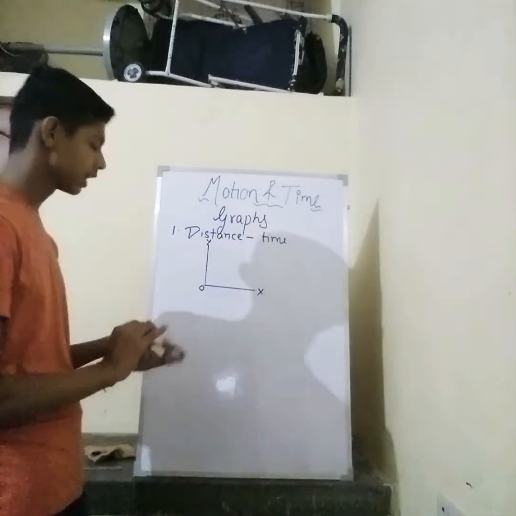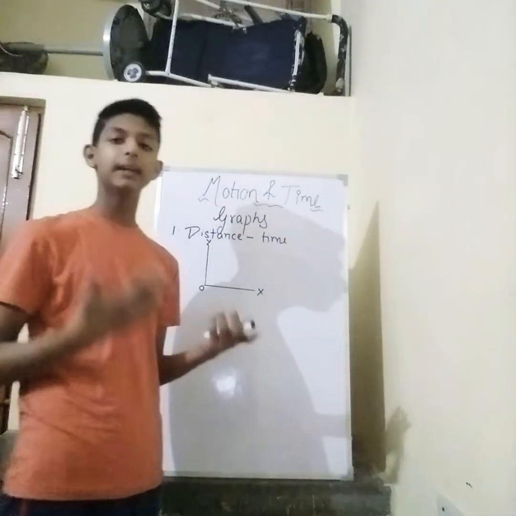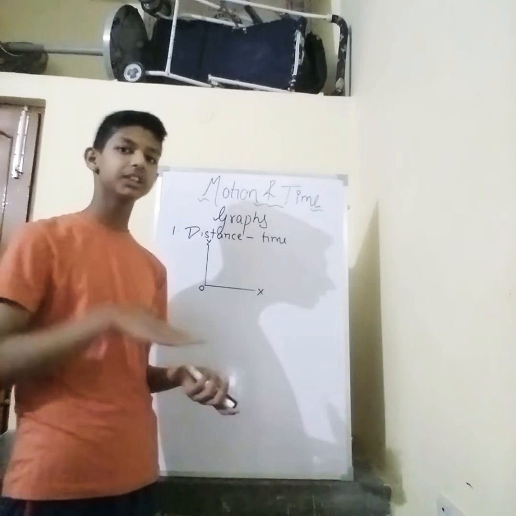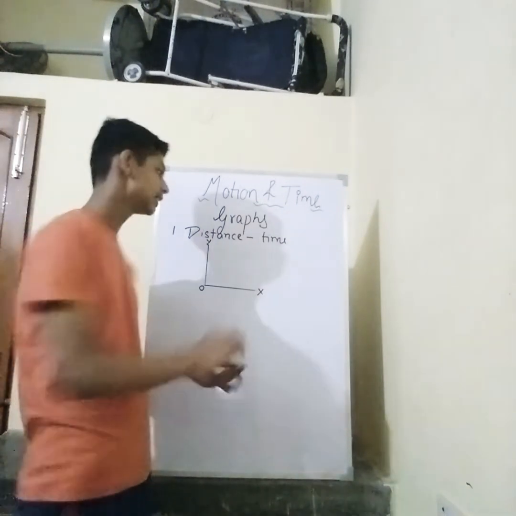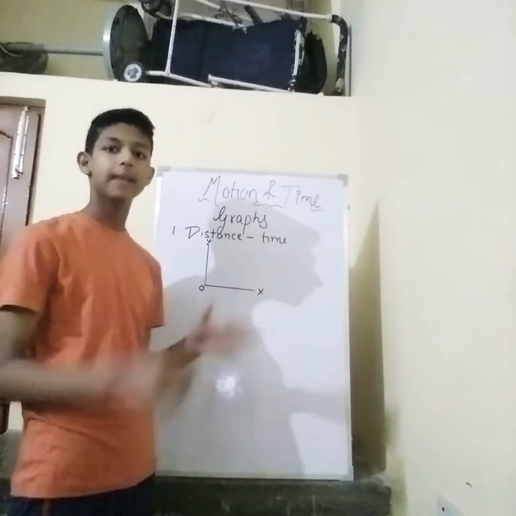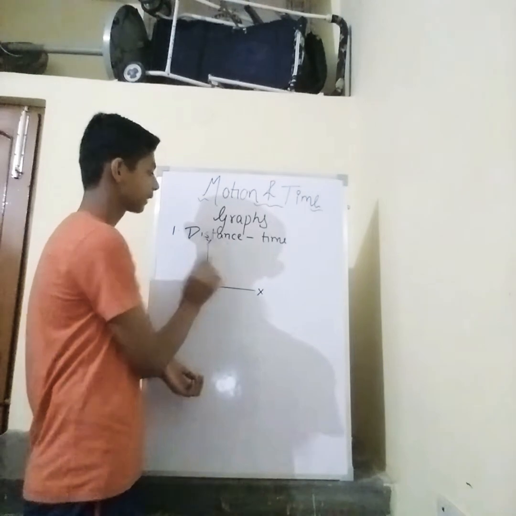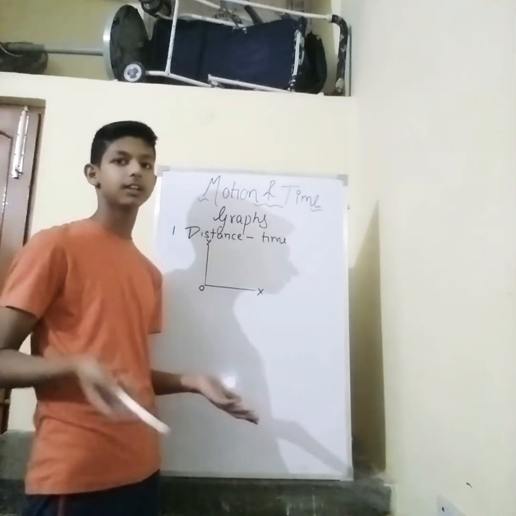The quantity we plot on the x-axis will be the independent quantity, which means it can change independently. For example, we can take time. Time is an independent quantity. It does not depend upon distance or displacement.